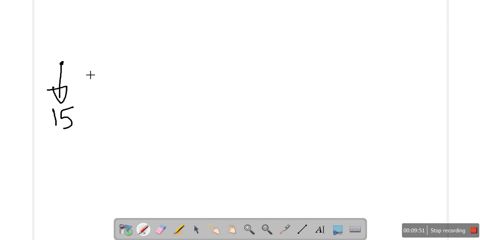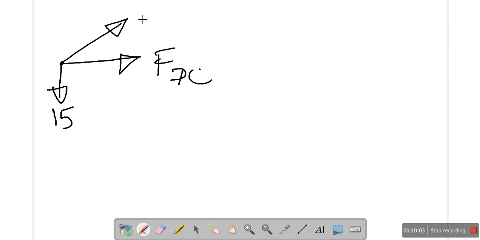We have this force. Let us assume this force to be tensile. So we have FDC here, and we have another force which again we are going to assume to be tensile, that is FDE, and this angle over here is 30 degrees. So it's obvious if you do sigma Fy equal to 0, FDE will be resolved into two components.